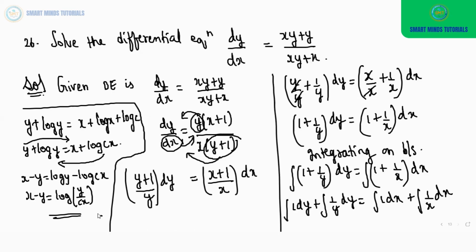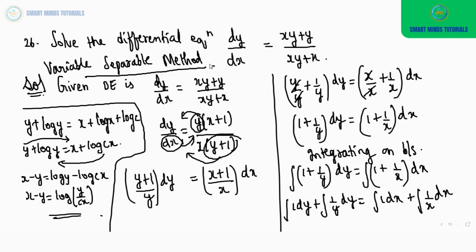Understood? Note it down. And this method where we are separating all y terms and x terms, this method is called variable separable method. Very easy. Not much integration is involved here. Variable separable method.